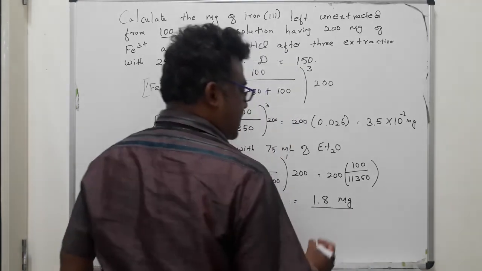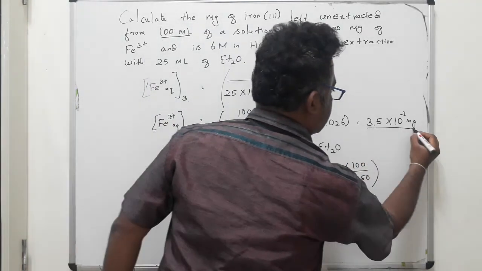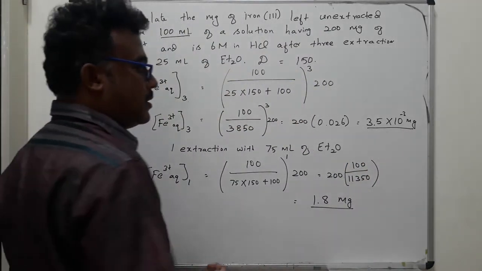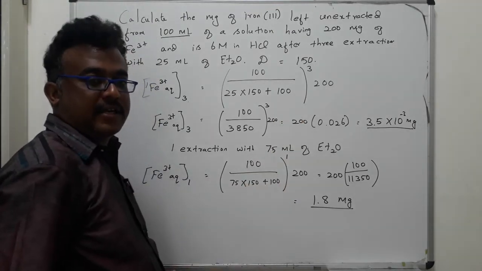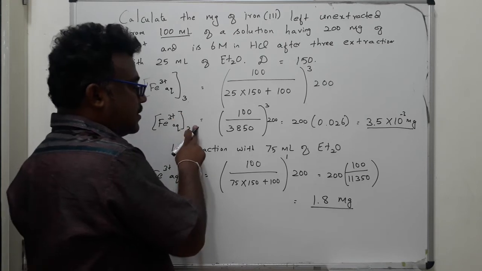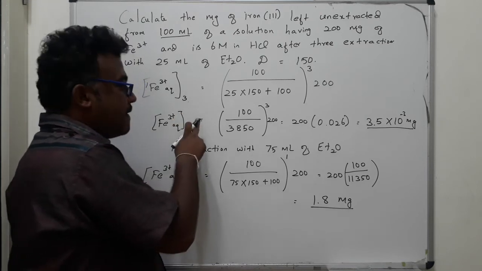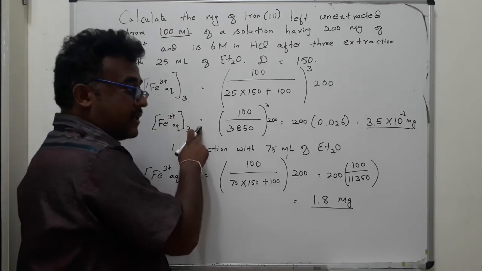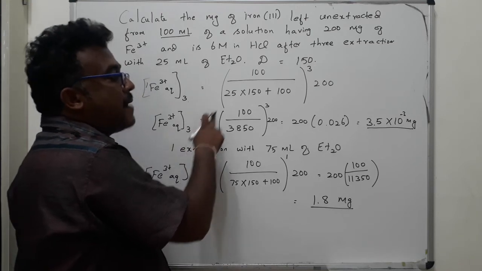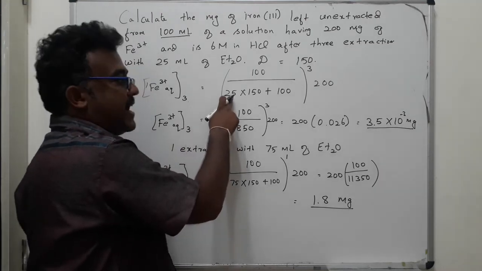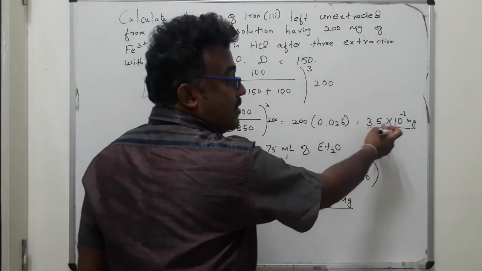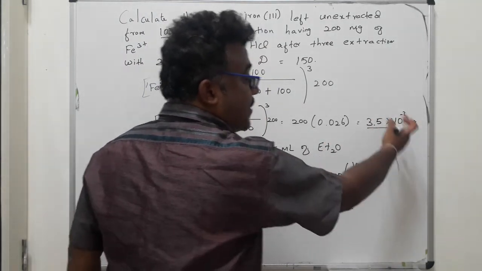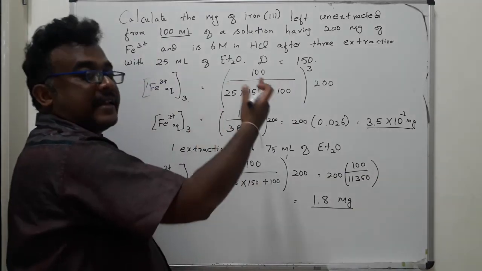So you can see this value. Which one is more efficient for the extraction technique? First case, again I am repeating, 3 time extraction, each time they have used 25 ml of diethyl ether. For that, only 3.5 into 10 power minus 3 milligram of iron 3 plus is left after 3 extractions.